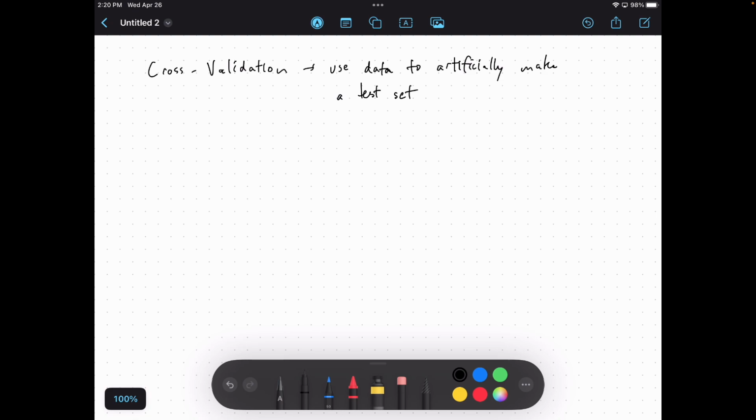So one of the struggles with using training and testing data is that the more data that I put into my model, essentially the better I can do in calibrating it.